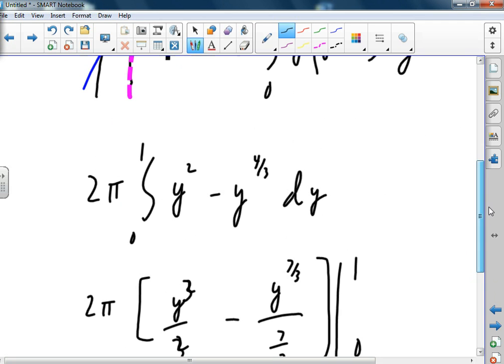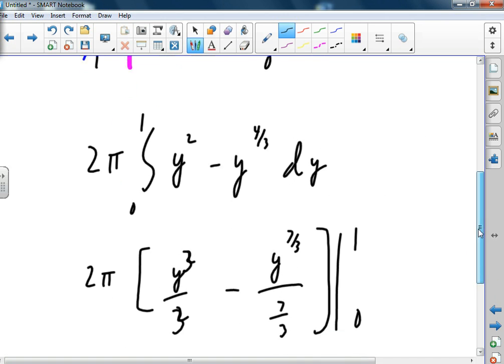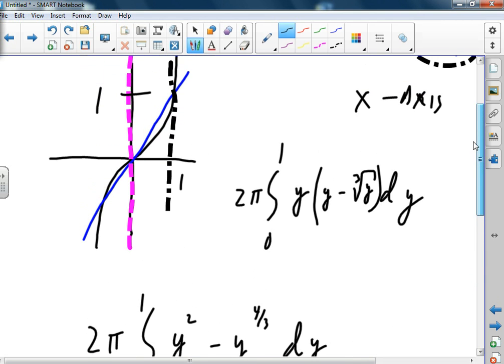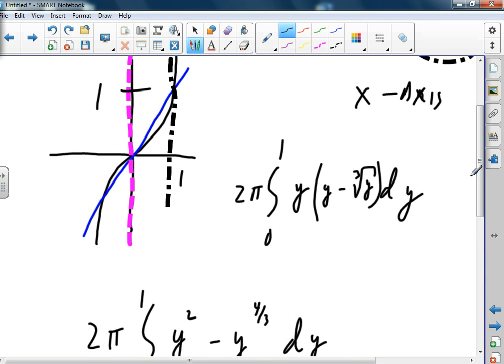Cubed over 3. Seven-thirds, 4/3. So is the curve the other way?